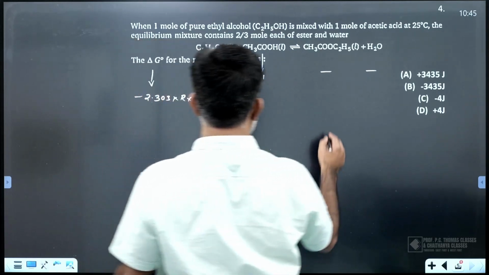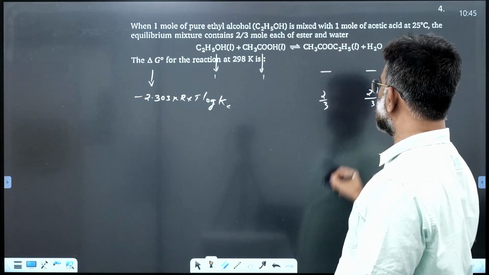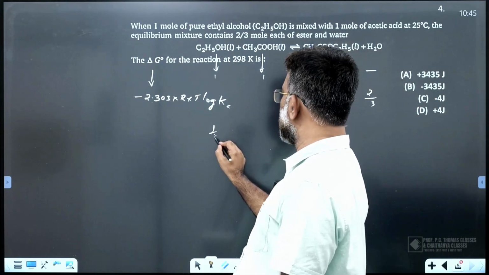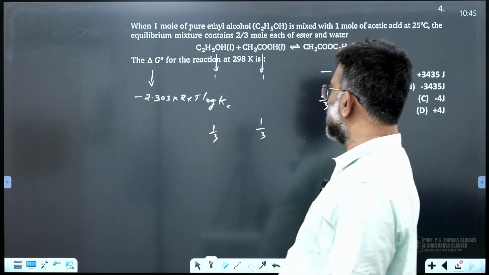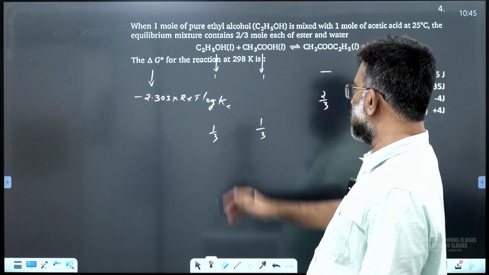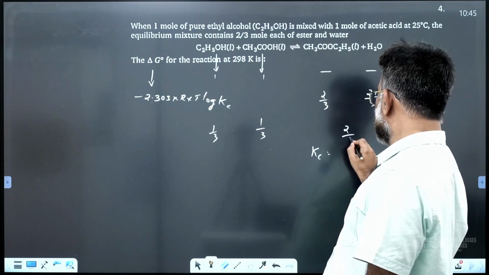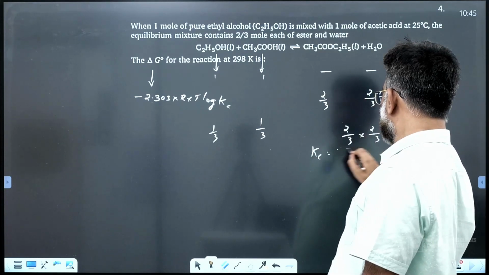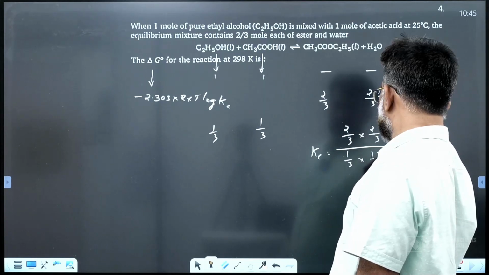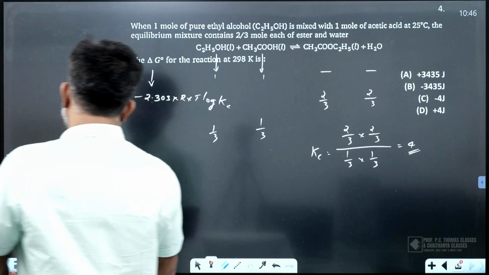At equilibrium, this is 2 by 3 each for ester and water, and this will be 1 by 3 and this will be 1 by 3, isn't it? 2 by 3 converted, 1 by 3 remaining. So Kc will be 2 by 3, 2 by 3, over 1 by 3, 1 by 3. You get 4. Kc will be 4.